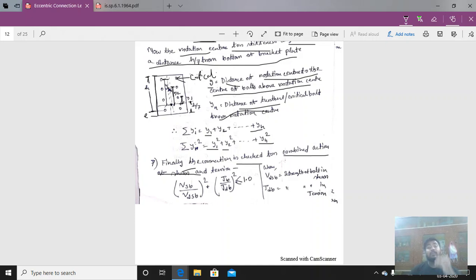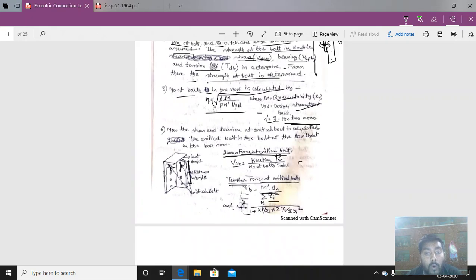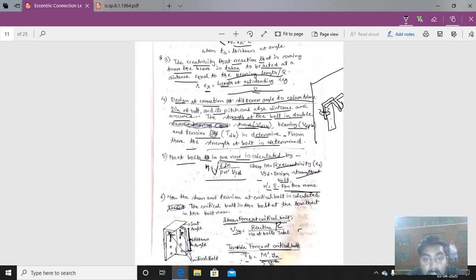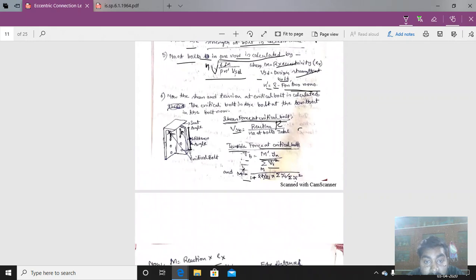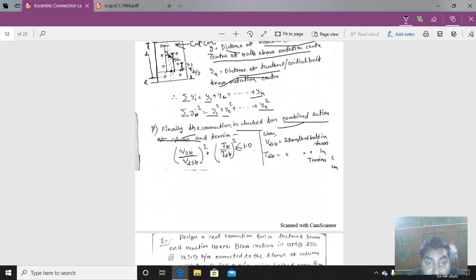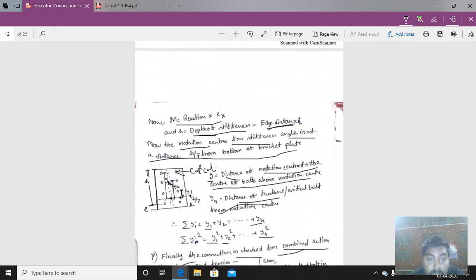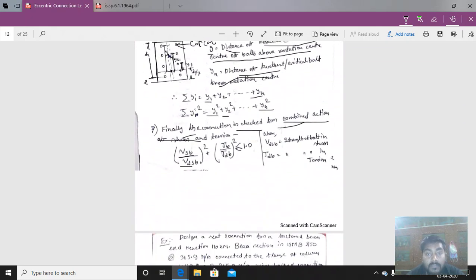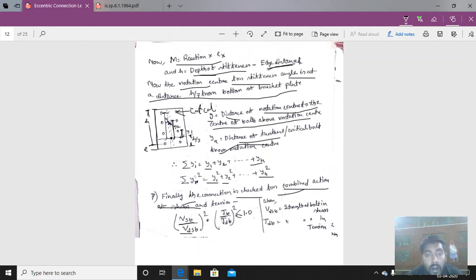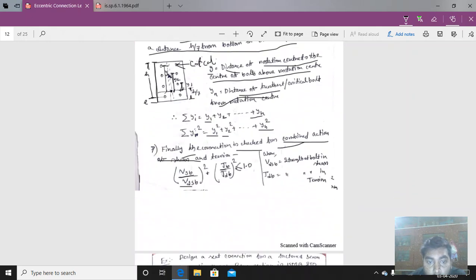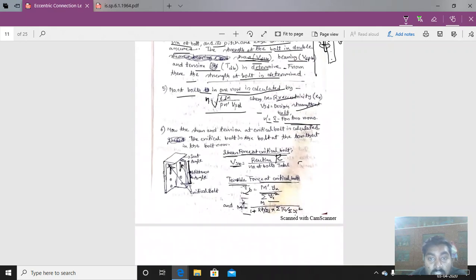Because the moment is acting here, the connection has to be checked for combined action of shear and tension. We have calculated Vsb, the shear force at the critical bolt, divided by Vdsb, the design shear strength of the bolt, plus Tb, the tensile force at the critical bolt, divided by Tdb, the design tensile strength of the bolt.